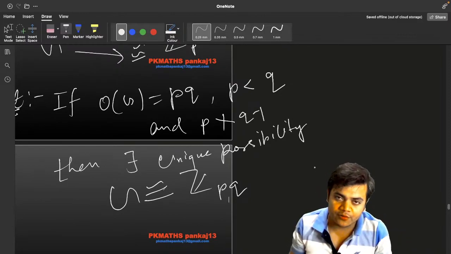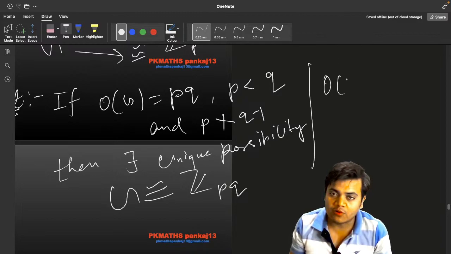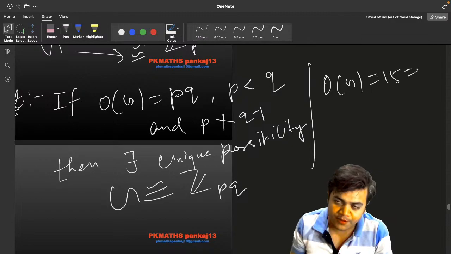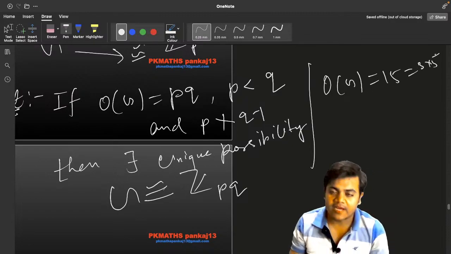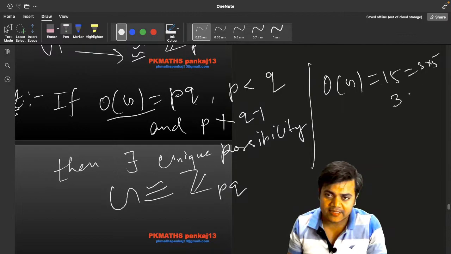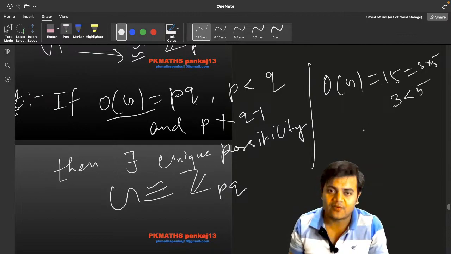I would like to give you some examples on it. For example, if you have a group of order 15, then this 15 can be written as 3 into 5, isn't it? Here the result was: the order of G is P into Q, where P is strictly less than Q. Here 3 is strictly less than 5.